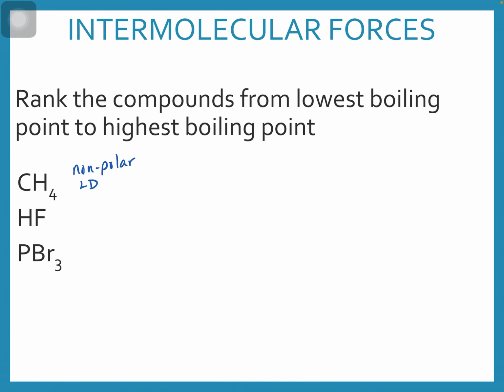Hydrogen and fluorine here, that is going to be, I believe, ionic. So we have 4 for fluorine as the electronegativity, and hydrogen, I believe, is around 2.2. So that is over 1.7. So that is ionic, and that is the strongest type of force we can have.